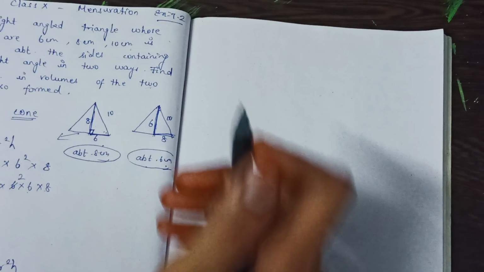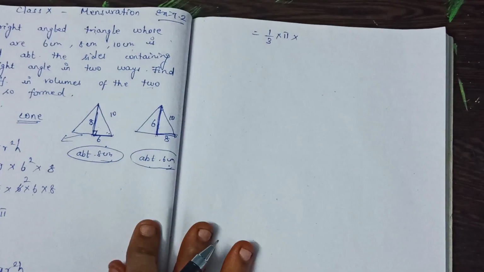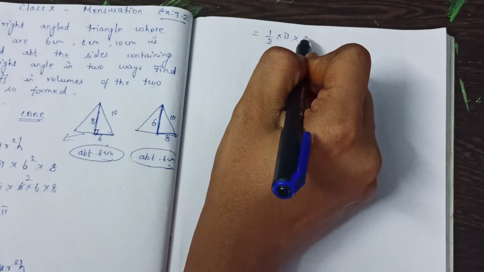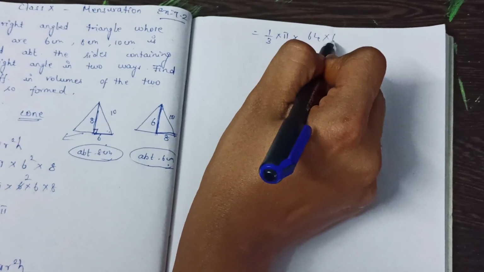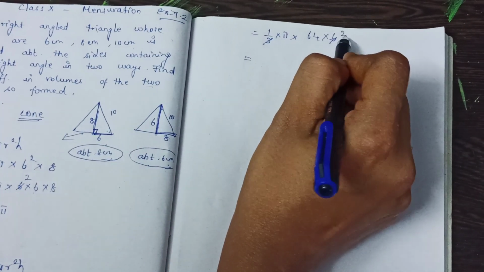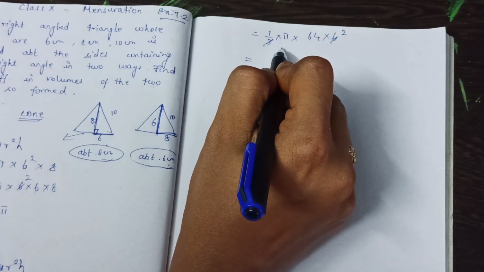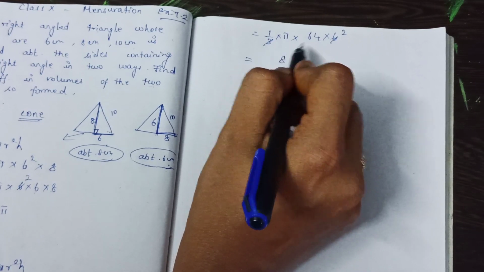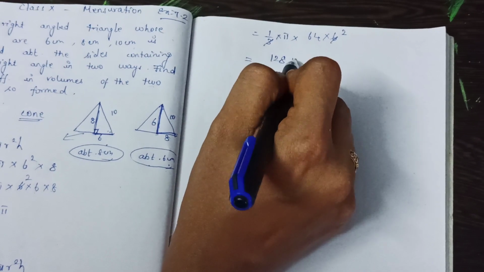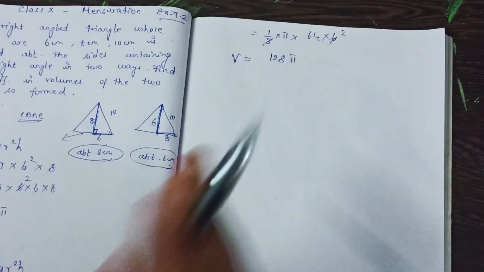So here we have 1 by 3 into pi into 8 8s are 64 into 6. So on cancelling 3 and 6, 3 2s are 6, so we have 128 pi. So here the volume is given to be 128 pi.